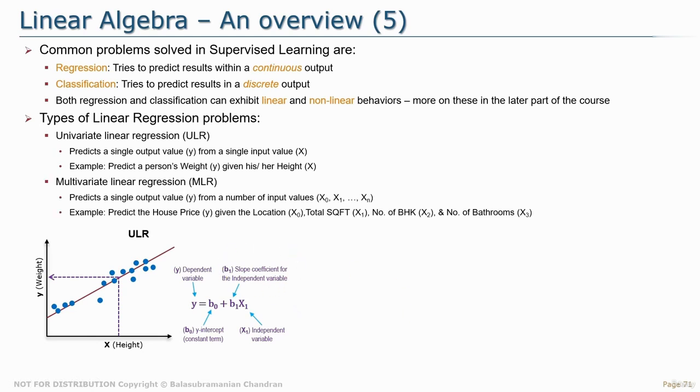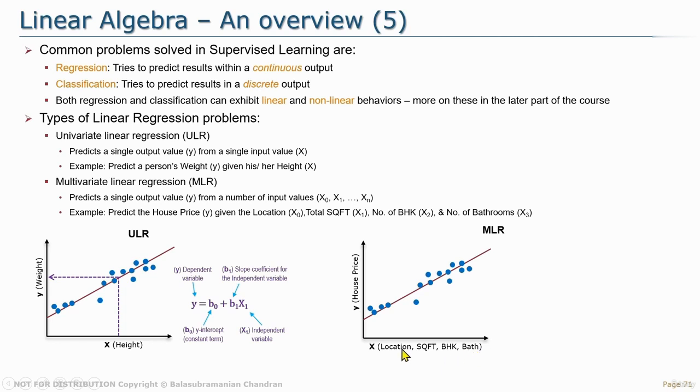Multivariate linear regression, MLR. MLR predicts a single output value from a number of input values. Example, predict the house price given the location, the total square feet, the number of bedrooms, hall, kitchen, and the number of bathrooms. Let's say we are given a data set that contains data for predicting house prices. The independent variables are location, total square feet, number of bedrooms, hall, kitchen, and the number of bathrooms.